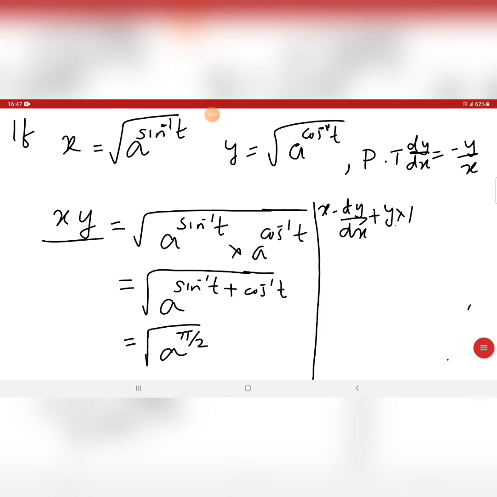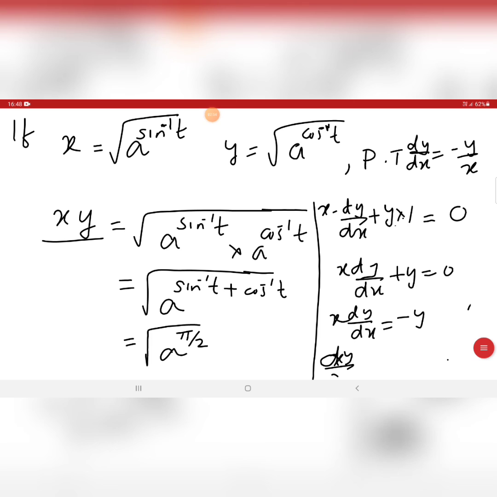That is x into the derivative of y plus y into the derivative of x, is equal to the right side, which completely becomes 0 because it is a constant. That is x into dy by dx plus y is equal to 0. x into dy by dx is equal to minus y. So dy by dx is equal to minus y divided by x.